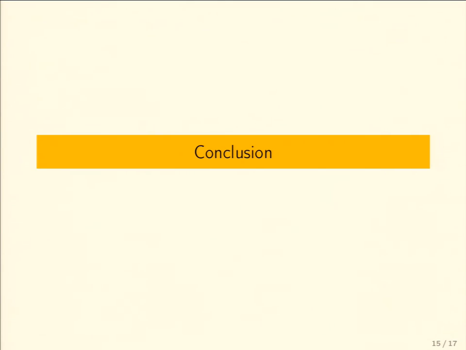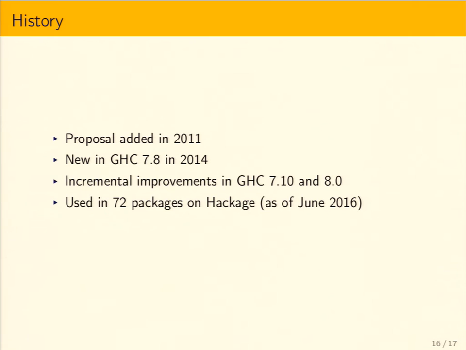So that's basically it. Just to give a bit of history, the feature of pattern synonyms itself, the proposal was added to the GHC wiki in 2011, and then in 2014 I added them to GHC 7.8, by which I mean I coded up an implementation using basically macro substitution, and it kind of worked for Haskell 98 programs, and I thought, okay, it's basically done.